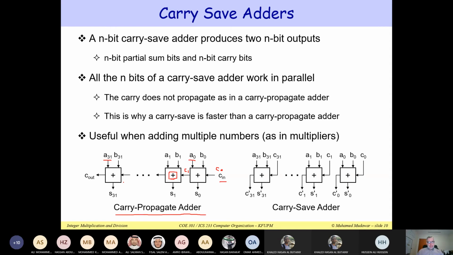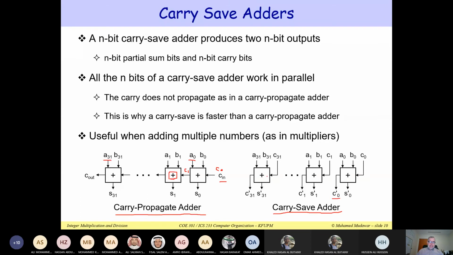Now, another way of doing this is what we call a carry save adder. So rather than propagating the carries, I can save the carries. So I'm calling it here a sum and a carry, but I'm using prime here to indicate that these bits are different from these because I'm not propagating the carry.